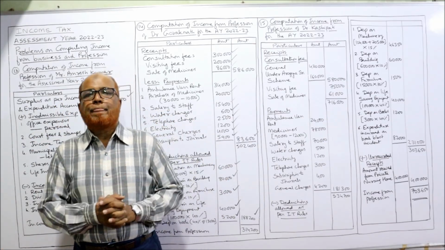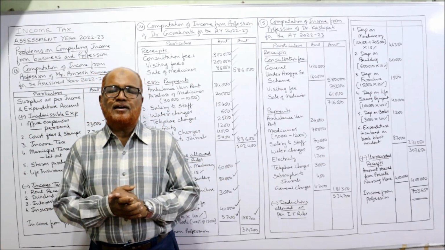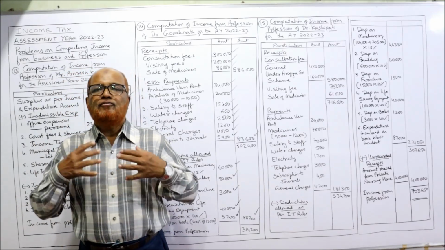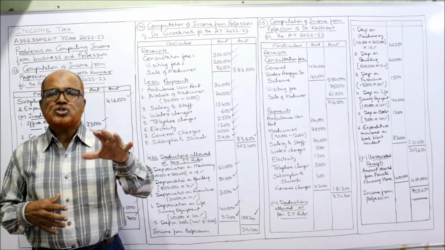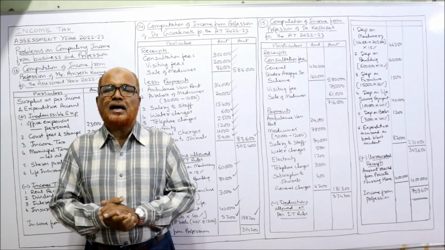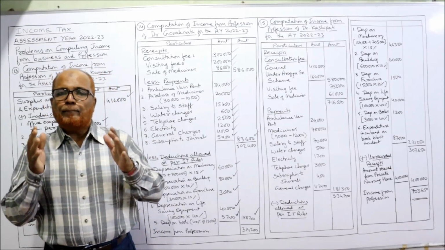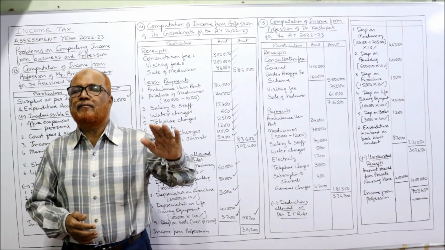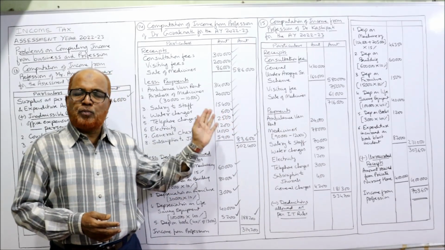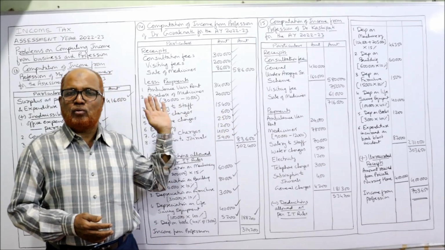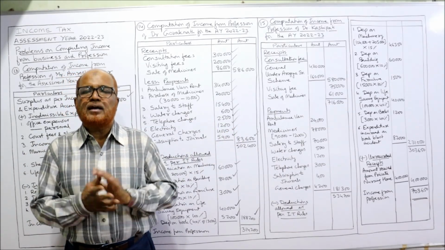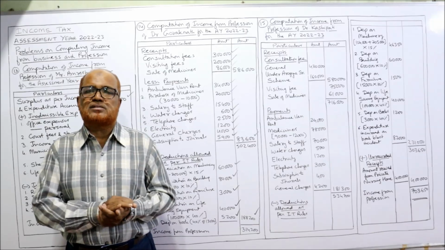One point you remember, when the SSC is preparing receipts and payments account, we assume that the professionals are following cash system of accounting, not mercantile system of accounting. The mercantile system of accounting will be applied by business people.